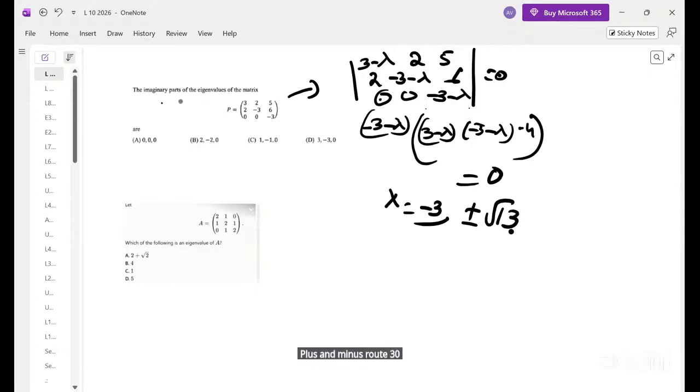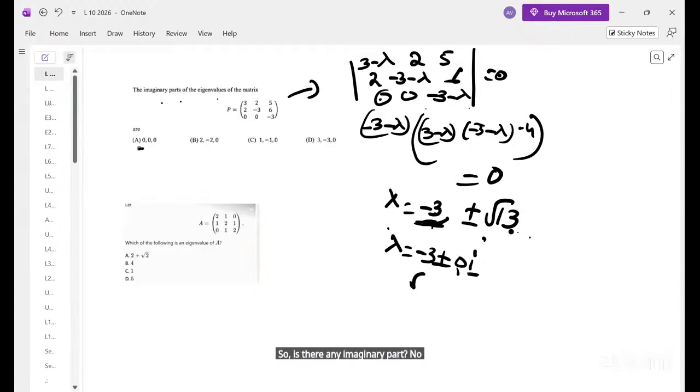The imaginary parts of the eigenvalues are asked. The question itself seems incorrect somewhere, because we should get complex eigenvalues to get imaginary parts. What are the imaginary parts of the eigenvalues? 0. No imaginary part at all. What does imaginary part mean? The i coefficient. Is there any i coefficient?